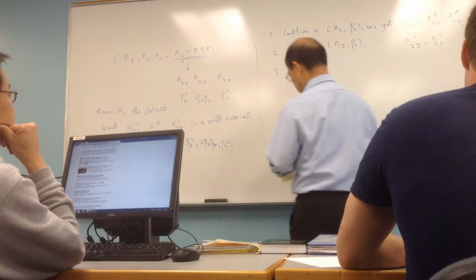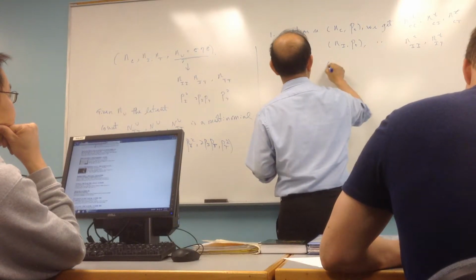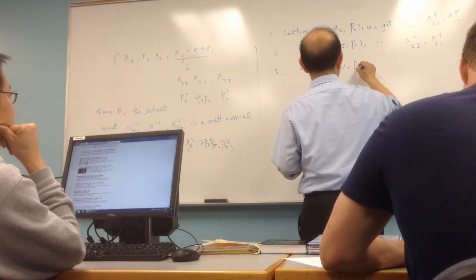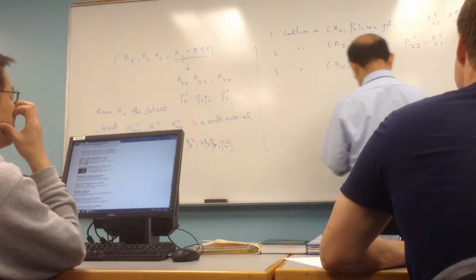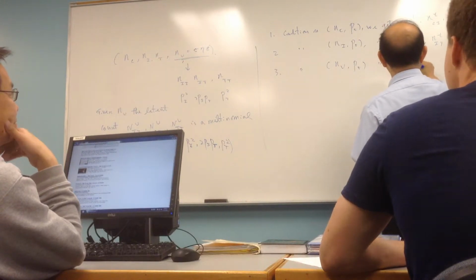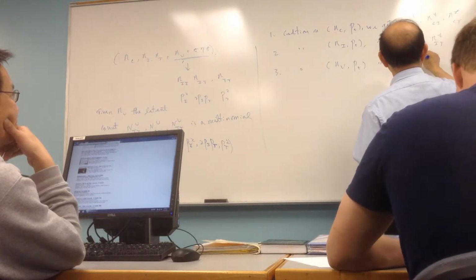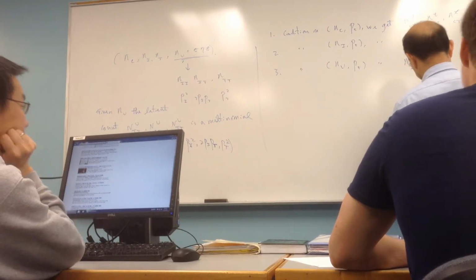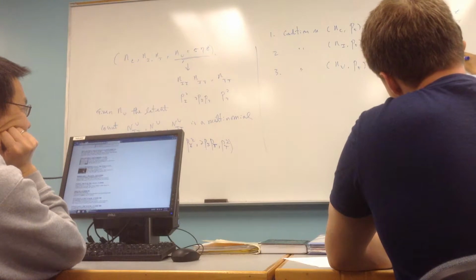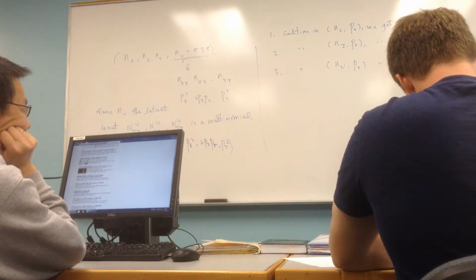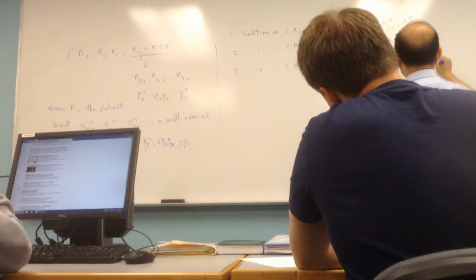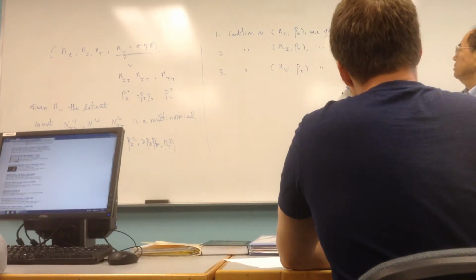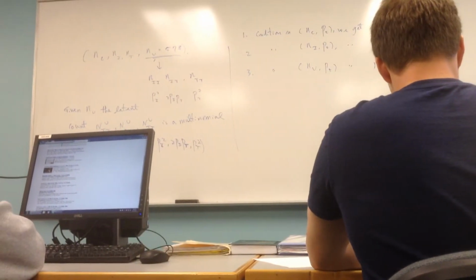But number three is that you condition on this NU given the PT, and you get the NII under U at time T, the NIT under U at time T, and the NTT under U at time T. The way you get this is similar to how you get that.